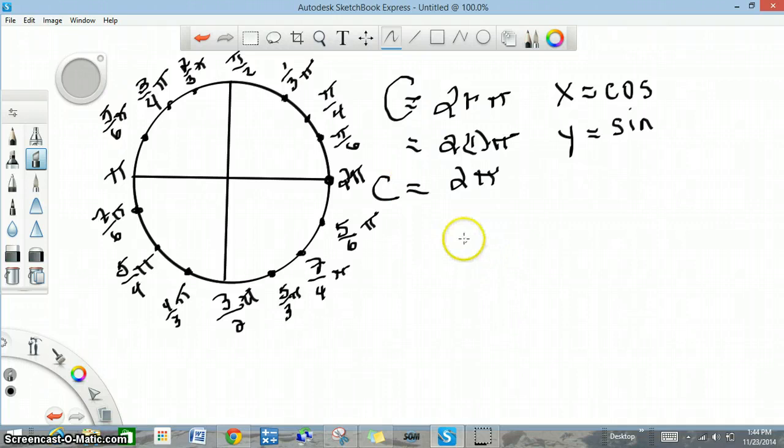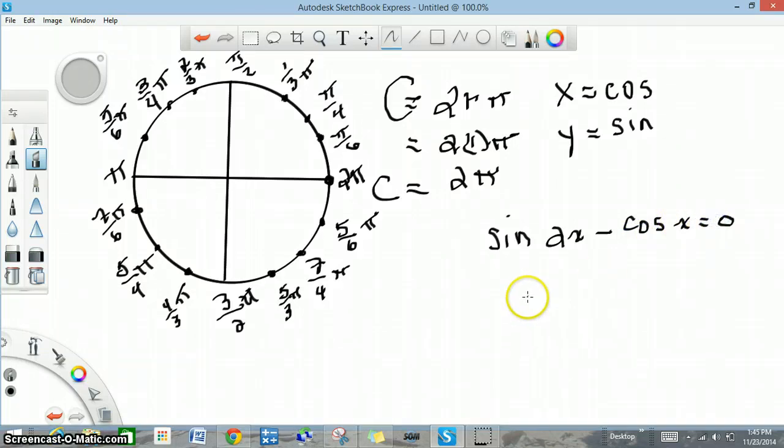Okay, and at this point too, let's take a look at the equation that we've been given. And here's what it says. It says that the sine of 2x minus the cosine of x equals 0. Well, lucky for us, the sine of 2x factors into 2 times the sine of x and the cosine of x, minus the cosine of x.